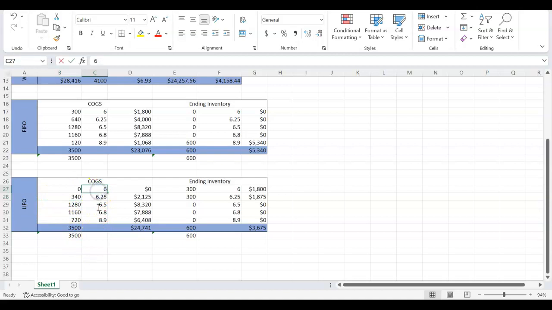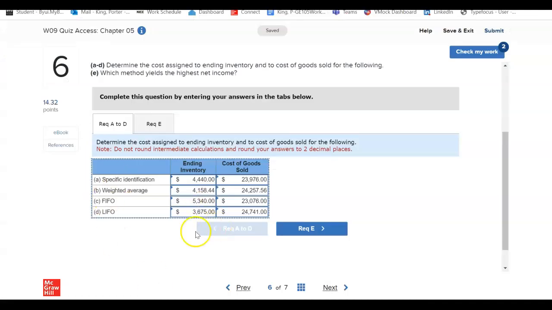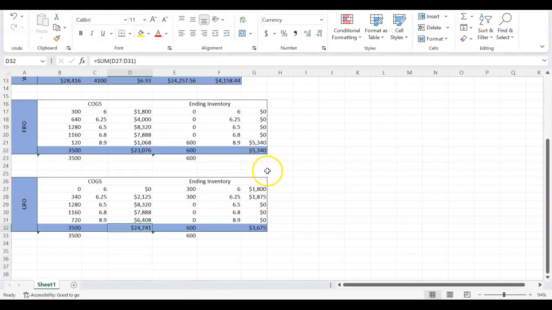So we came here, put our calculations in, did the multiplication, and added it up, and our total for the cost of goods sold with the last in, first out was 24,741. So we come back over here and we can see right here we have the $24,741, and all we had to figure out left was the ending inventory.